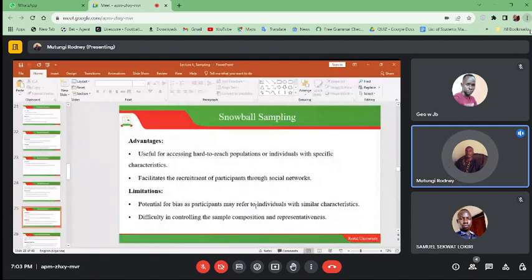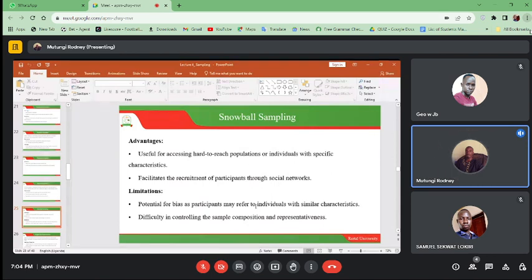The disadvantage is that there could be bias, as participants may refer to individuals with similar characteristics. It is very possible that a person will refer you to the other person who they kind of relate to. They also have similar characteristics. So you might go there and you receive almost the same information as the one that you got from this initial person.